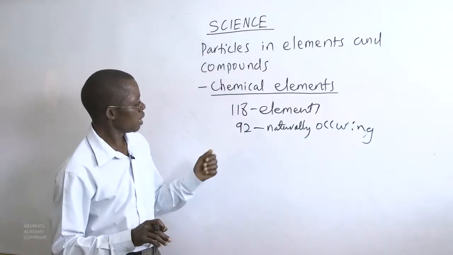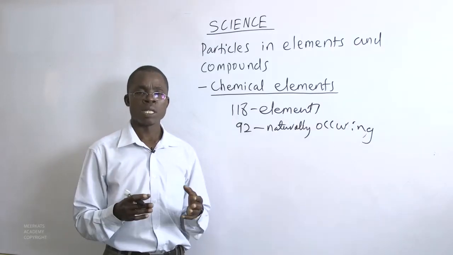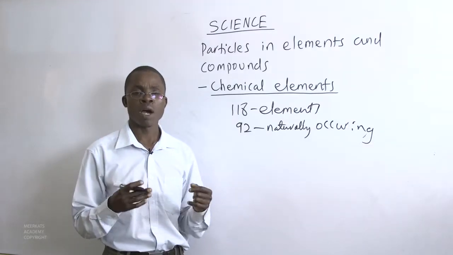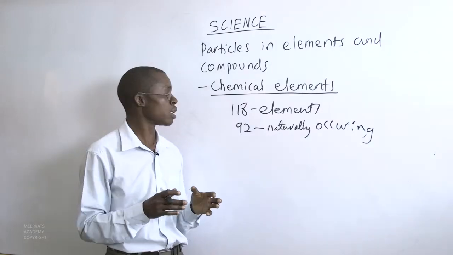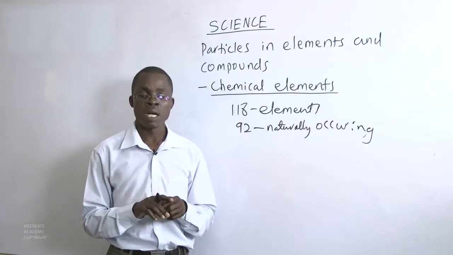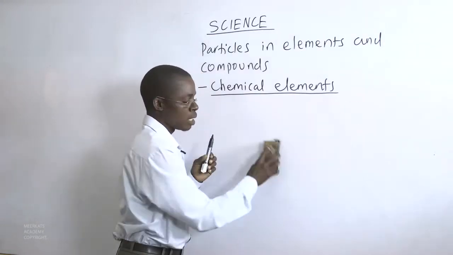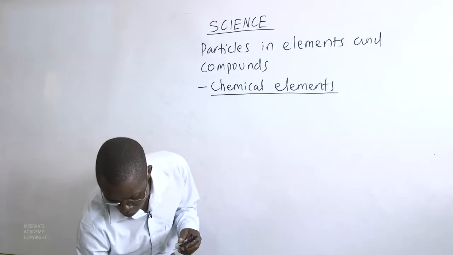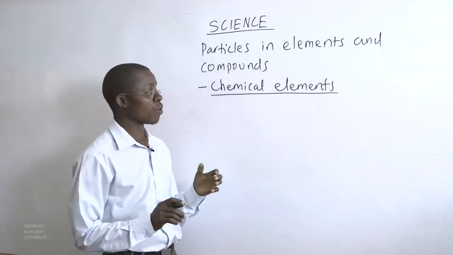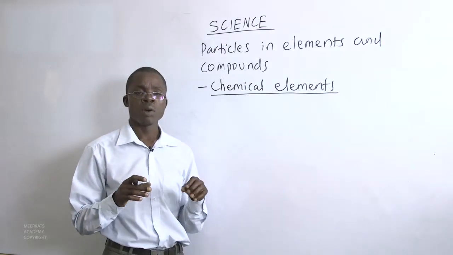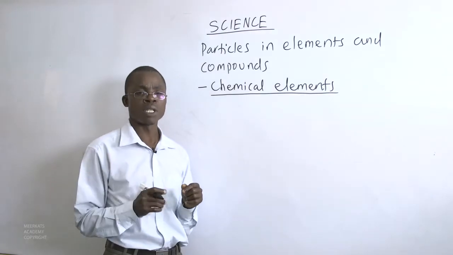Now, out of these 92, we can also categorize these elements in terms of occurrence in the Earth's crust. At what percentage can you get that particular element? Out of our 92 naturally occurring elements, we can have the following as elements that will occur in a relatively bigger percentage.